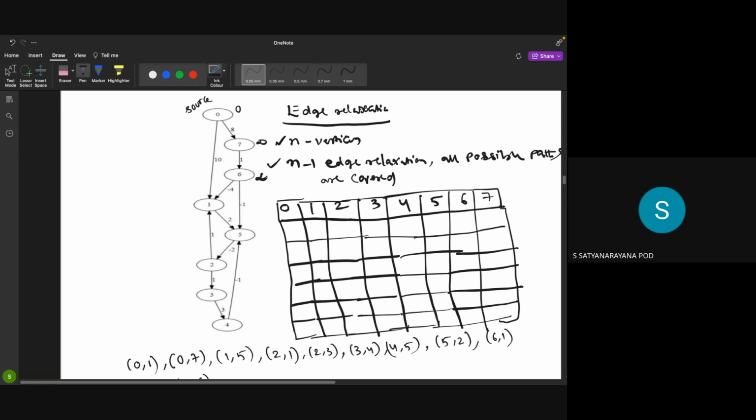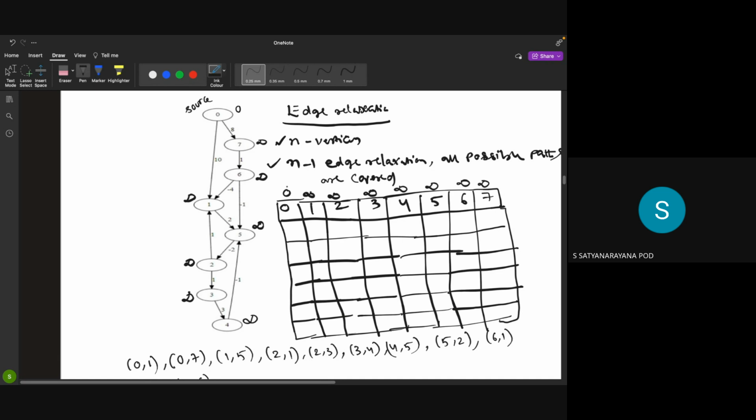Same as what we set initially for Dijkstra's algorithm, same thing in Bellman-Ford also. All of these are infinite. Of course, the 0th one is 0 because we start from vertex 0. We fix it.